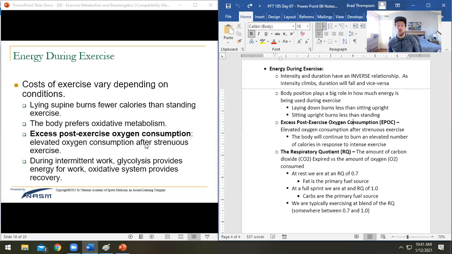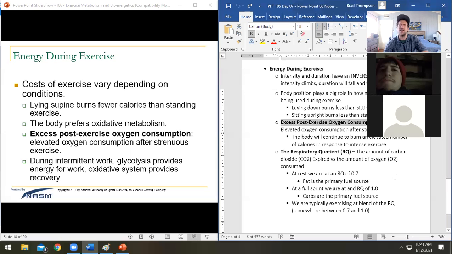If I went into your pantry and pulled a bunch of food out, you'd have to spend time putting it all back. Well, that is where we get my favorite concept in the world, which is called EPOC, excess post-exercise oxygen consumption, EPOC. Kenny, you made a ton of this yesterday with me in the park.